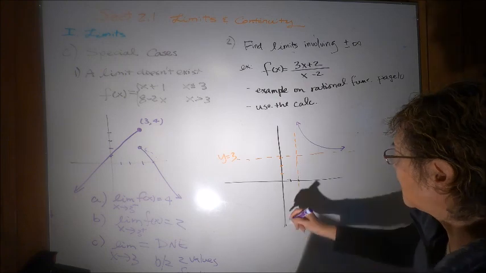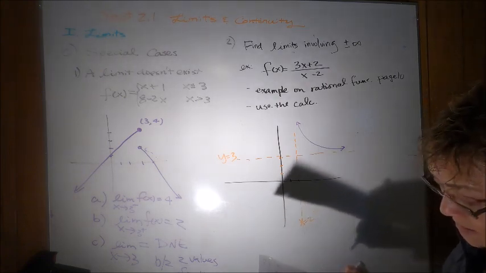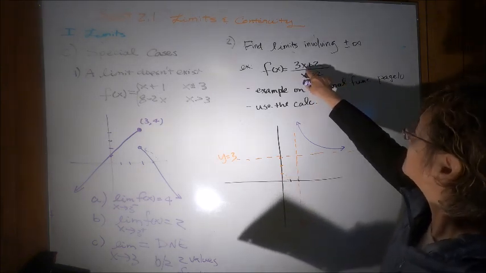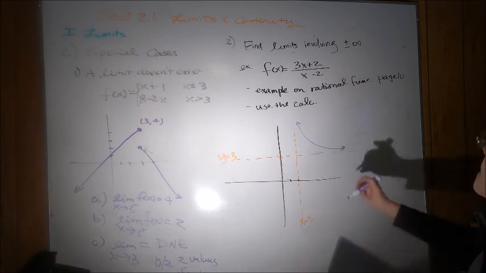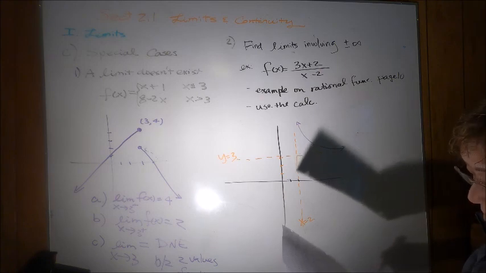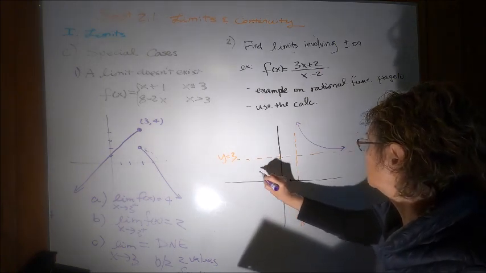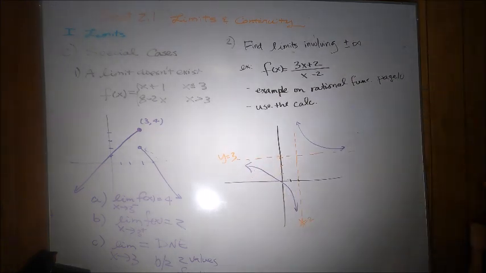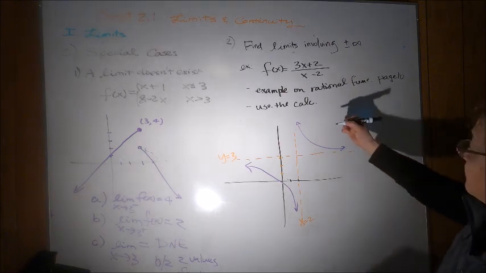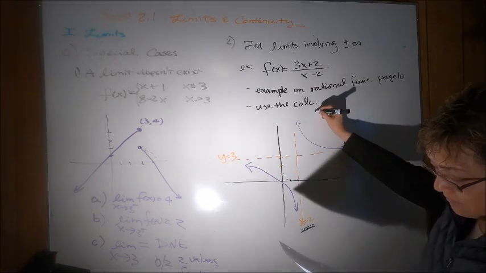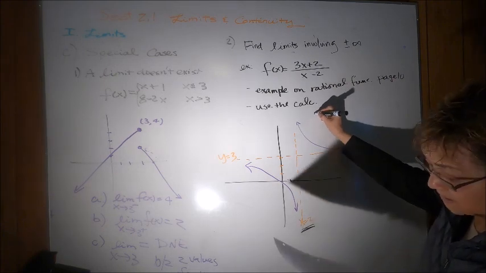Use the website or your calculator to see it, with x at 0, -2, and -1. Your graph will look somewhat like this, right? So if that's x equals 2, we say from the left.